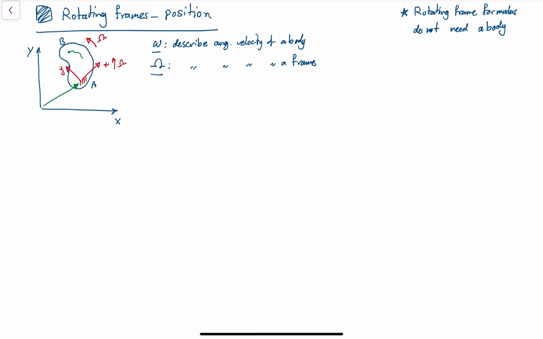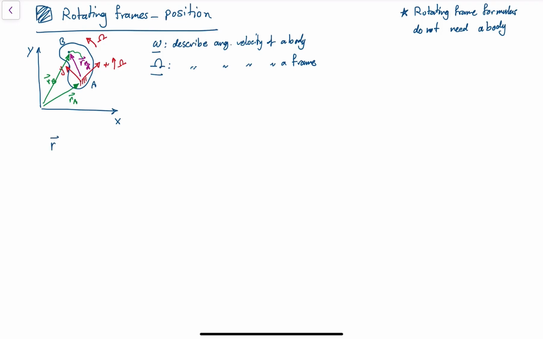Let's say we know this, R of A. We have some information about relative motion of B relative to A, R of B relative to A. And I want to find R of B. So position is easy.